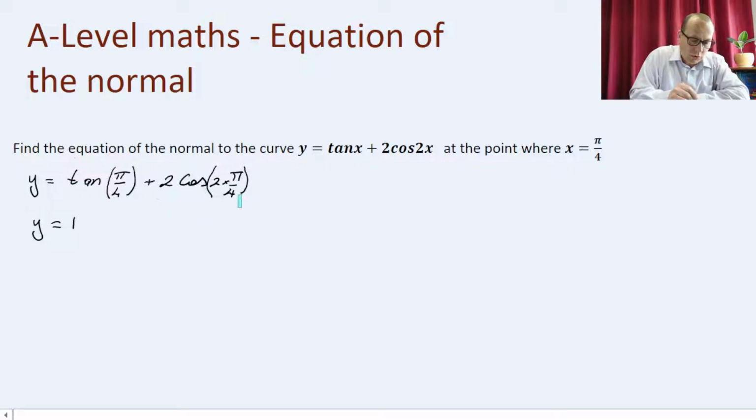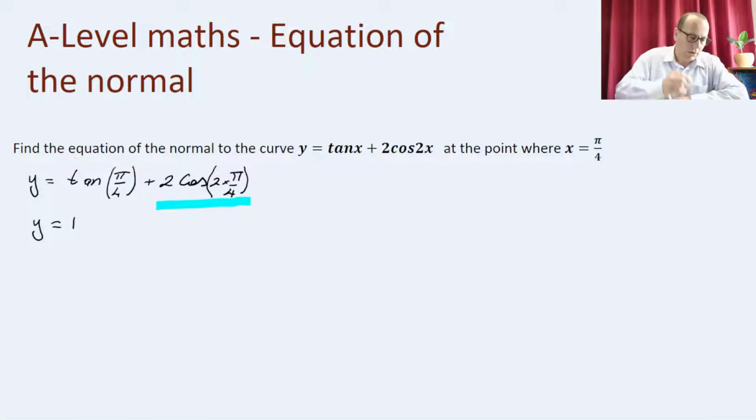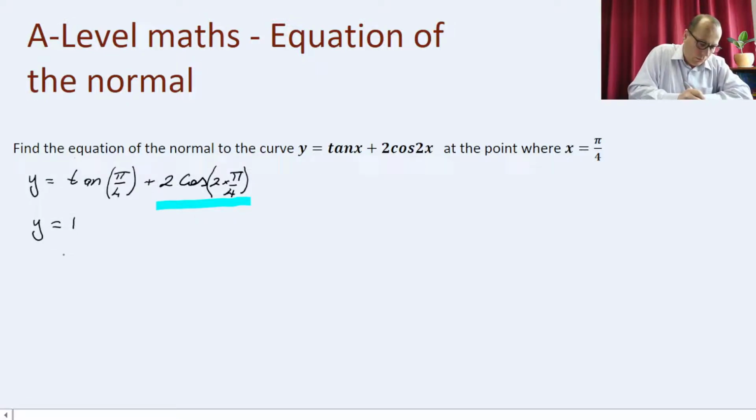For 2 cos 2 of pi by 4, cos of pi by 2 is 0, so 2 multiplied by 0 is 0. So the point will be pi by 4, 1. So that's just x and y.